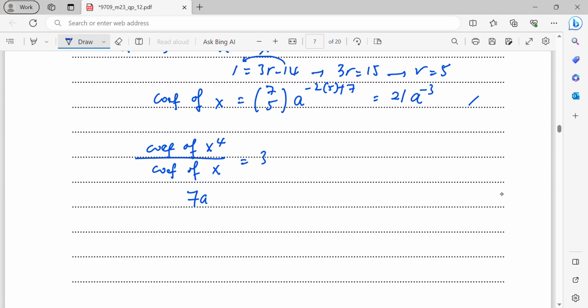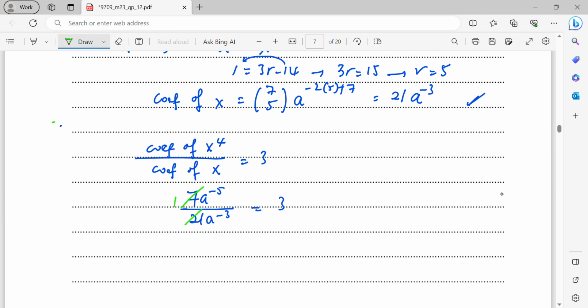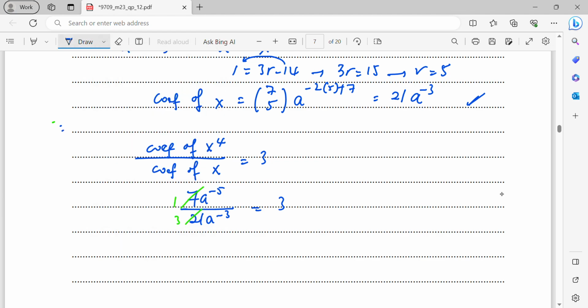So 7a to the power negative 5 over 21a to the power negative 3 equals 3. Now the 7 and 21 can be simplified into 1 over 3. Okay, and now you need to get the a values. That means I will move this 1 over 3 up, so I will get 9.